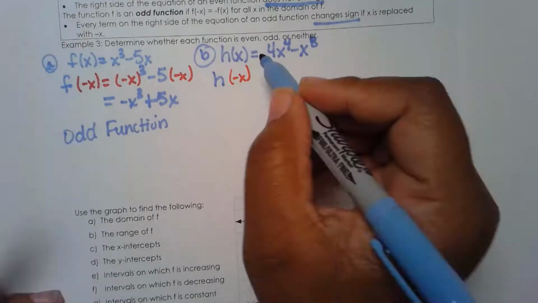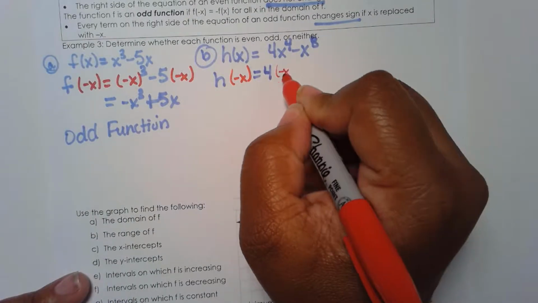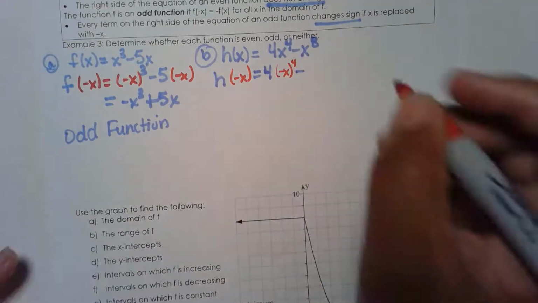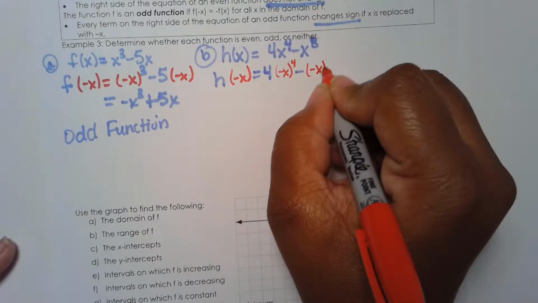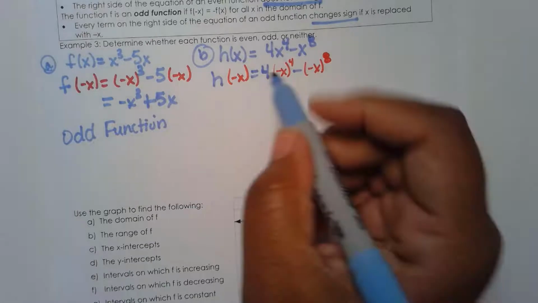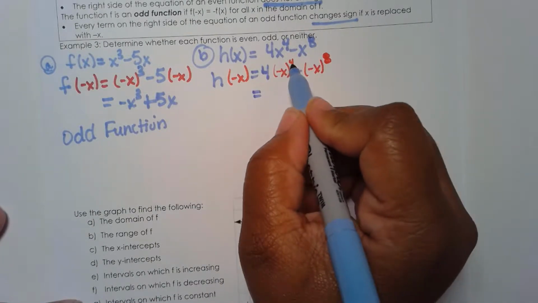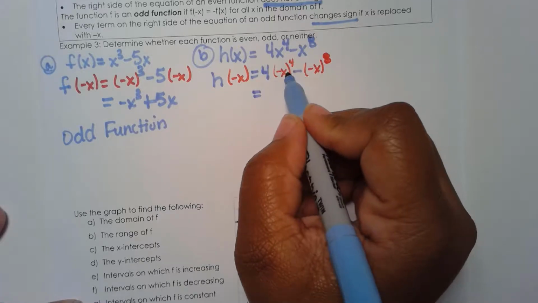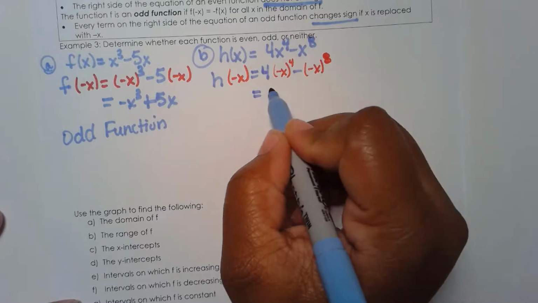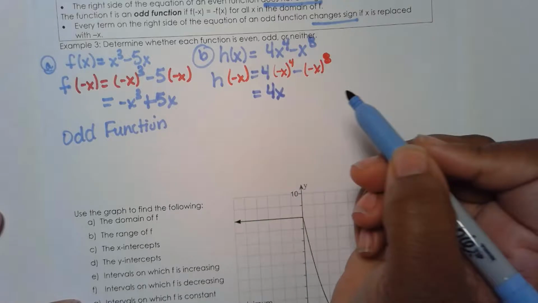So we have here 4 times negative x to the fourth minus negative x to the eighth. Okay, so we have 4 times the quantity of negative x to the fourth power. Whenever we multiply negative x 4 times, that means this is going to be a positive x to the fourth.